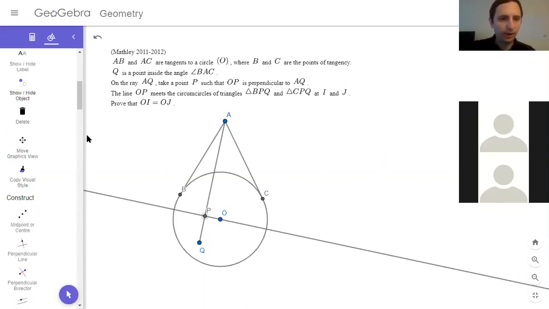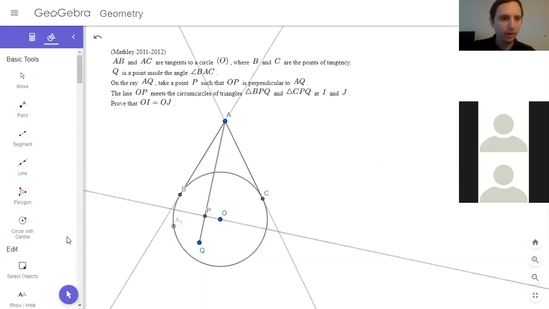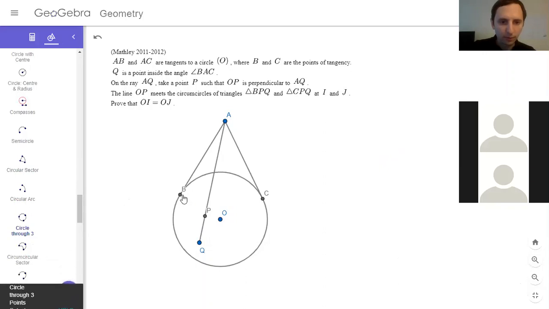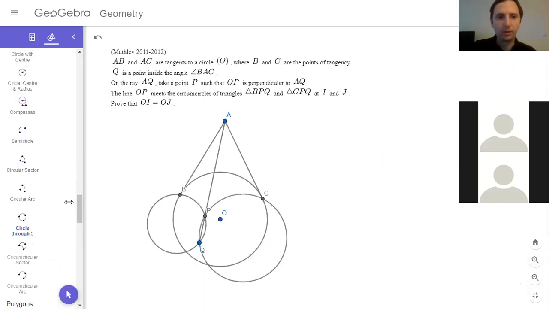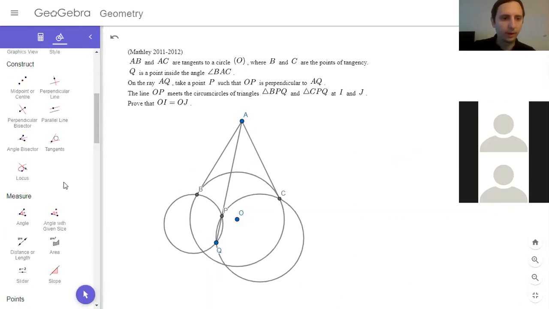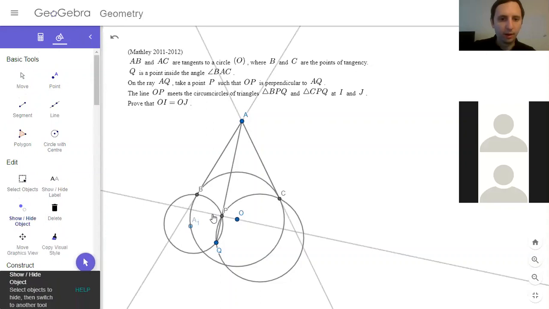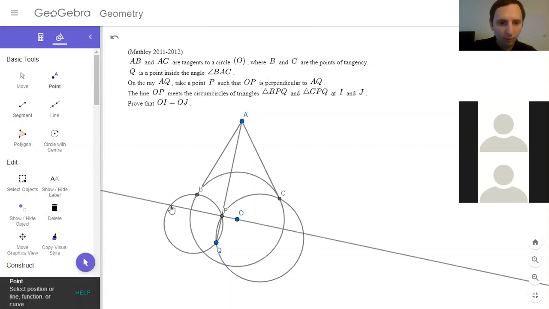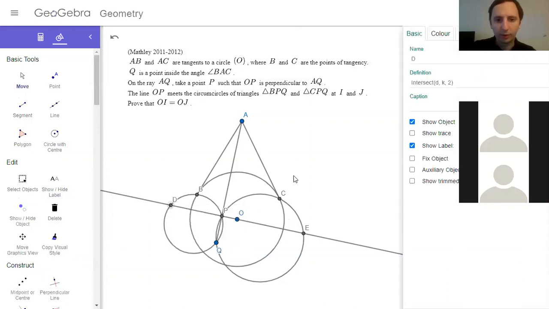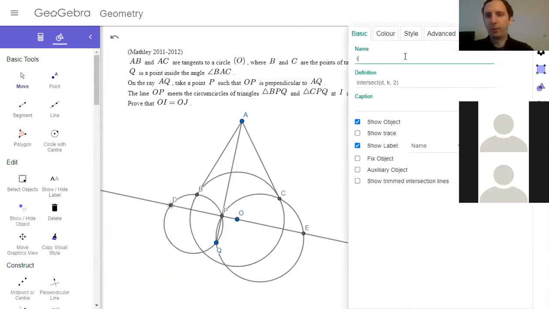I'm going to hide those extra lines. Actually, I don't want to hide line OP, at least not yet. So OP meets the circles at I and J, so I'm just going to relabel them I and J. And we want to show that OI is equal to OJ.